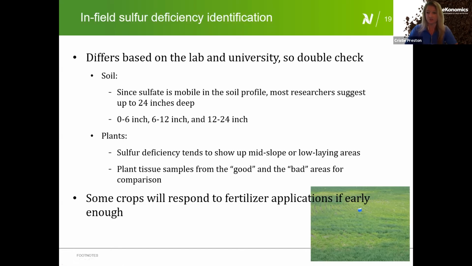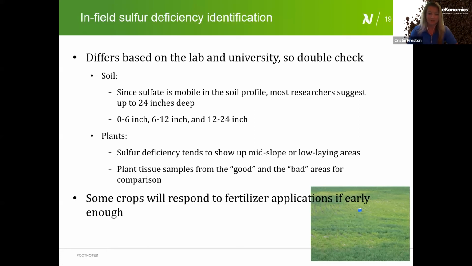This is to say, I'm going to take a soil sample from the good area, and I'm going to take a soil sample from the bad or chlorotic area. But then I'm also going to come back and take a plant sample from the good area and also the bad area, so that it's a diagnostic tool so that I can compare them just to see what the levels are.